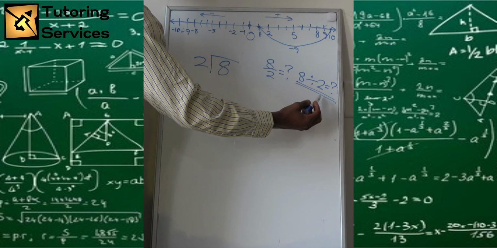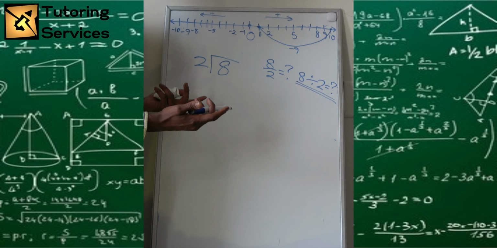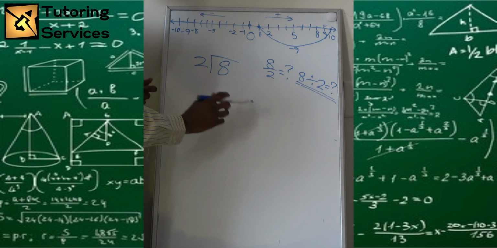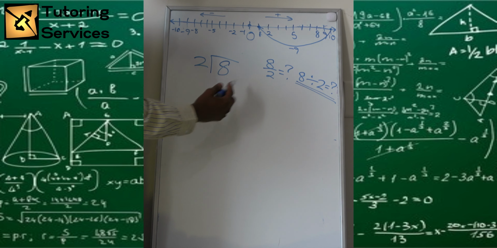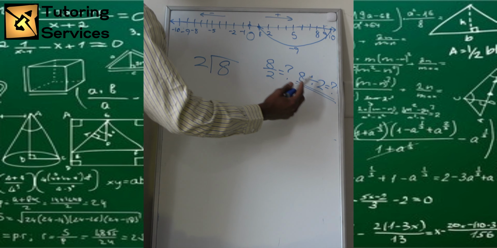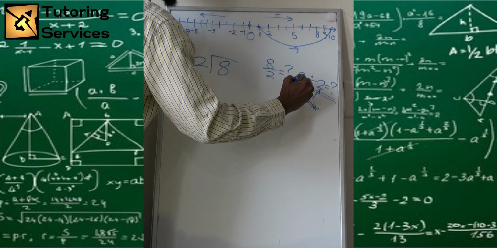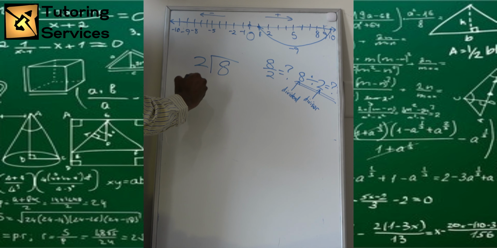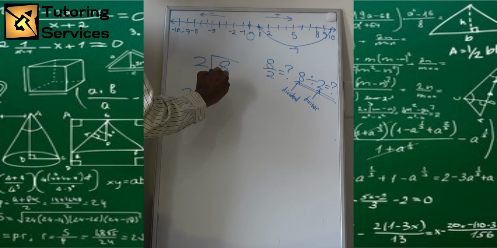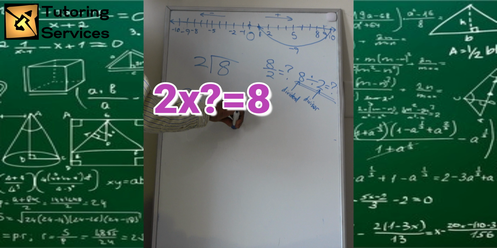This is how you can set it up, or you can set it up this way. But if you know what you're doing, it almost doesn't matter, because we are looking for how many times we can multiply the divisor before it equals the dividend.